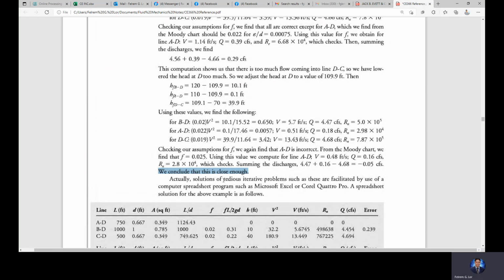So actually, the solution of tedious iterative problems such as these is facilitated with the use of a computer spreadsheet such as Excel or Corel. Any spreadsheet will do; you can actually download a free spreadsheet. In fact, this is what I use.